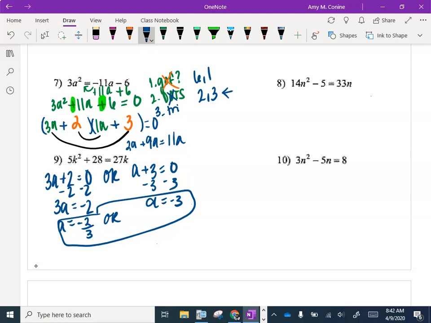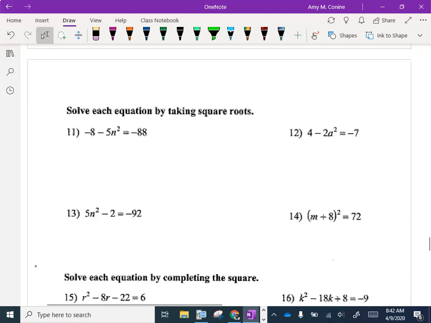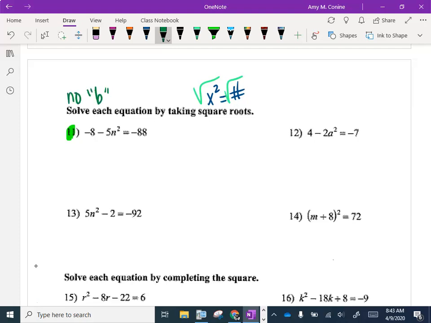All right, so let's move to taking square roots. Remember, you're trying to get whatever is on the left side squared by itself, equal to some number, so you can take the square root of each side. Taking a look at 11, that one's super fun. I don't have a b term, okay, if that helps.